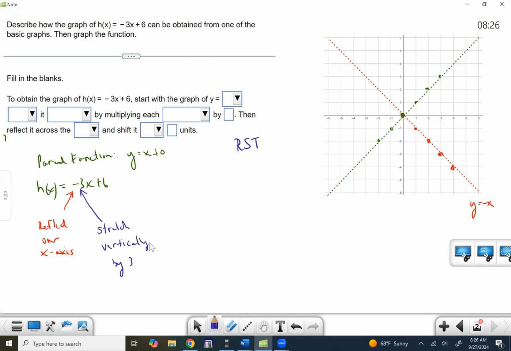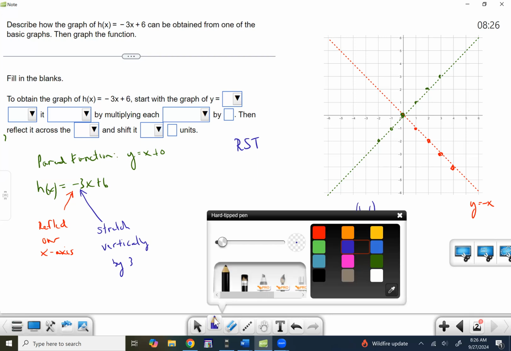Okay. So that means, and I'm looking at the red one, that I'm going to take all of the y coordinates for the ordered pairs. So let me just grab a couple. Let me grab these 4 red ones right here. So we have 1, negative 1, 2, negative 2, 3, negative 3, and 4, negative 4.